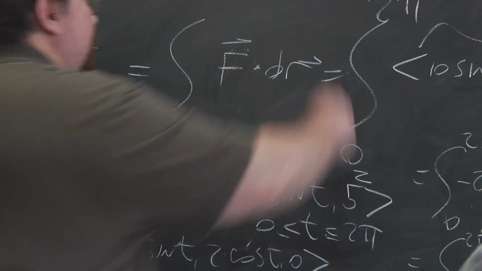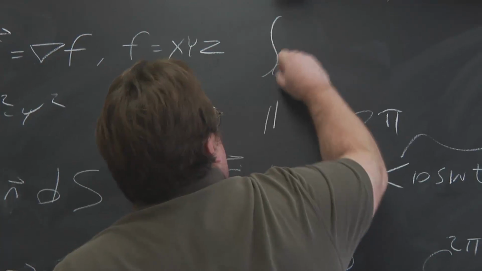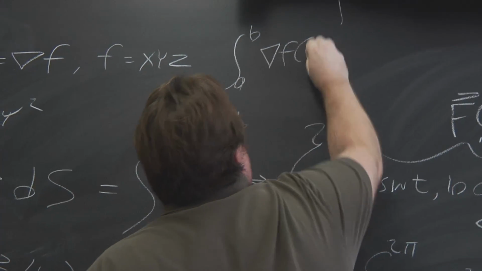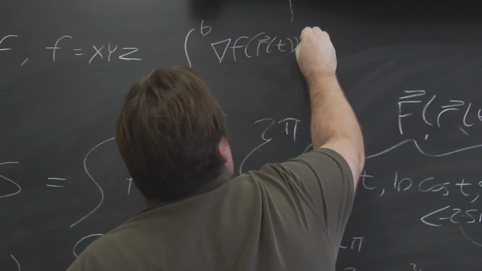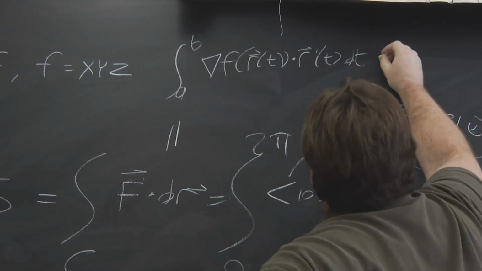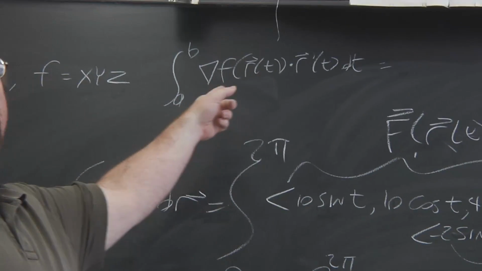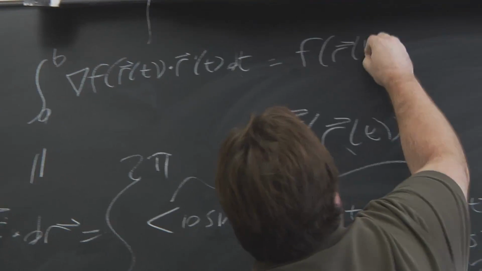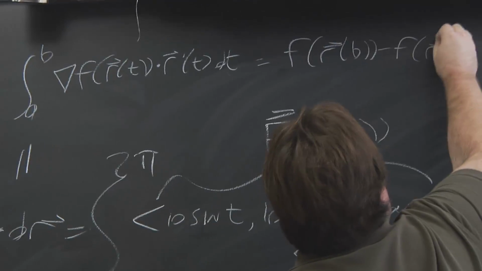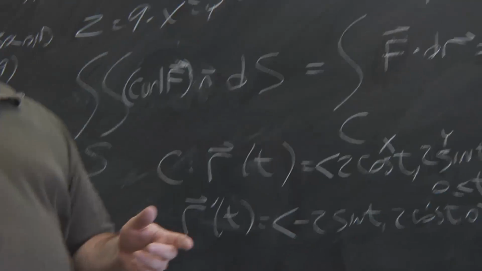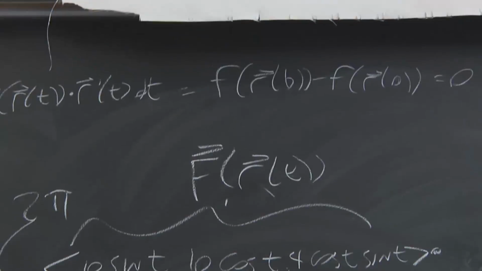Another way to look at it, this is the integral from a to b of the gradient of f evaluated at r of t dot r prime of t dt, and then you apply the fundamental theorem of line integrals, which says that this is f of r of b minus f of r of a. But this is a closed curve, so r of b and r of a are the same point. So it's 0 for that reason.